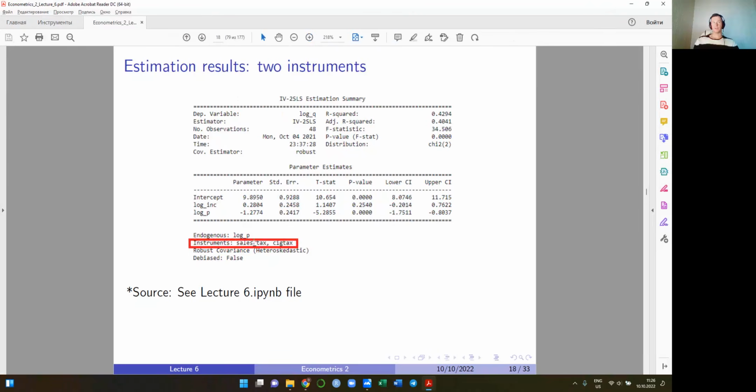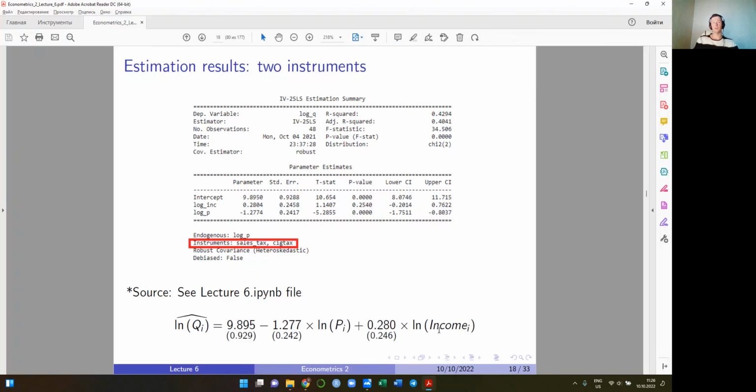And when we include two instruments, still the income elasticity estimate is not significant. But with the help of two instruments, we have an even larger estimate of the price elasticity.